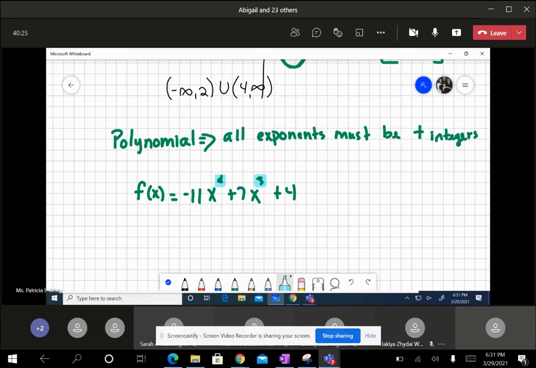I have a 4, a 3, and a 1 for exponents, right? They're all positive integers. So that says, yes, that's a polynomial. The degree is 4.